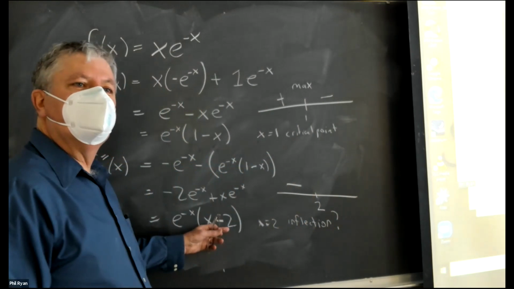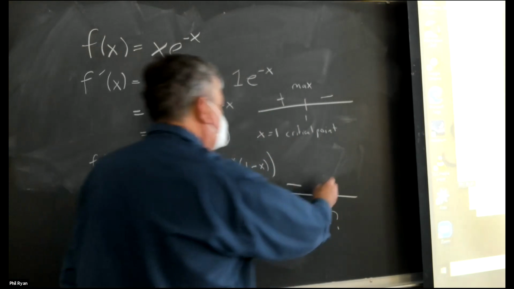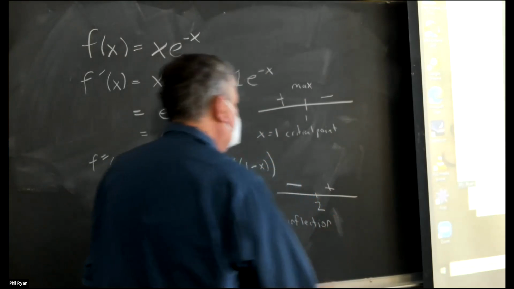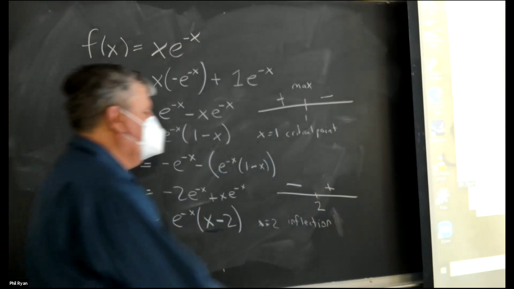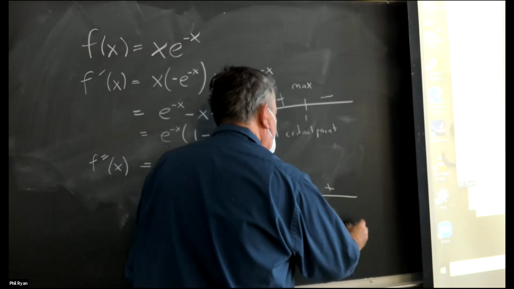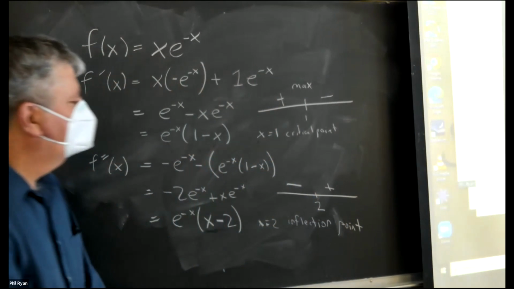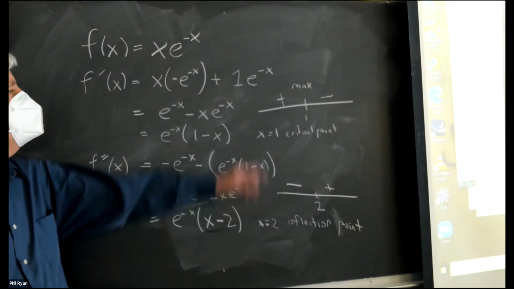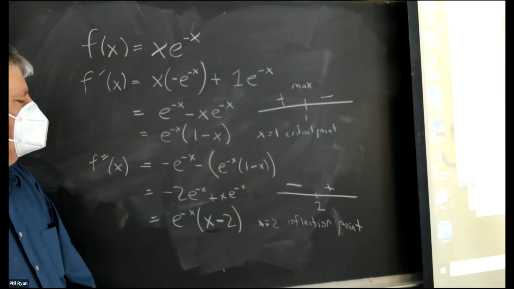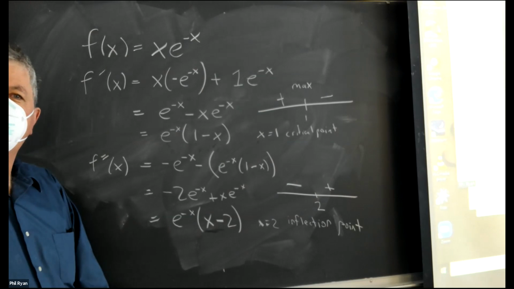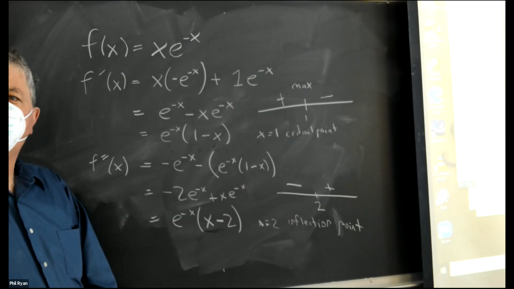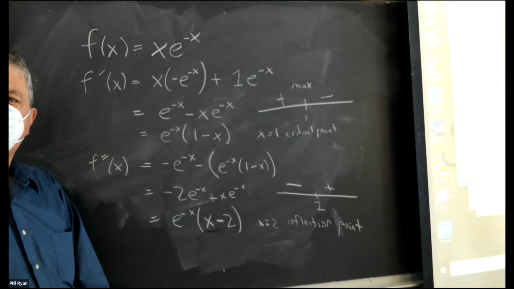And if x is greater than 2, positive. So it is an inflection point. So we've got a max at 1, and an inflection point at 2. And that's enough information for you to actually graph it as well.